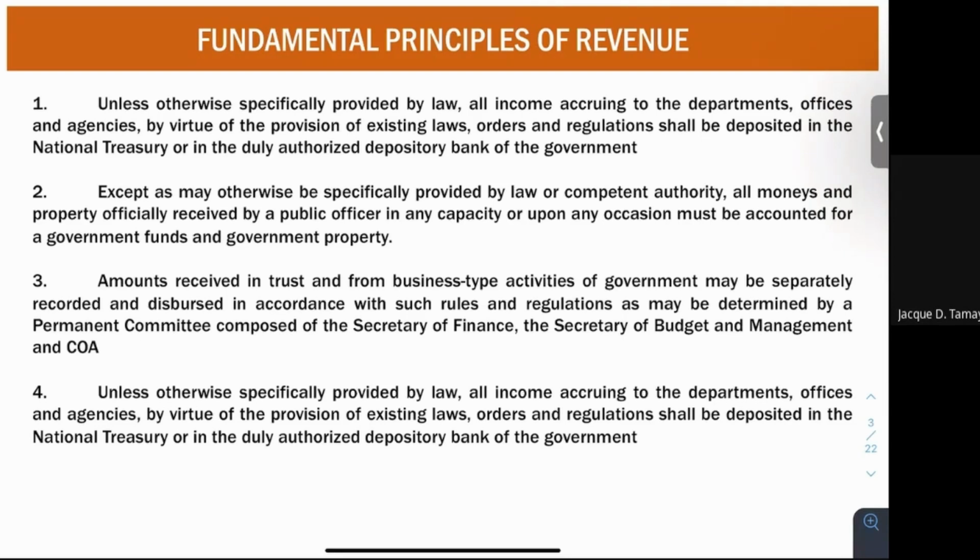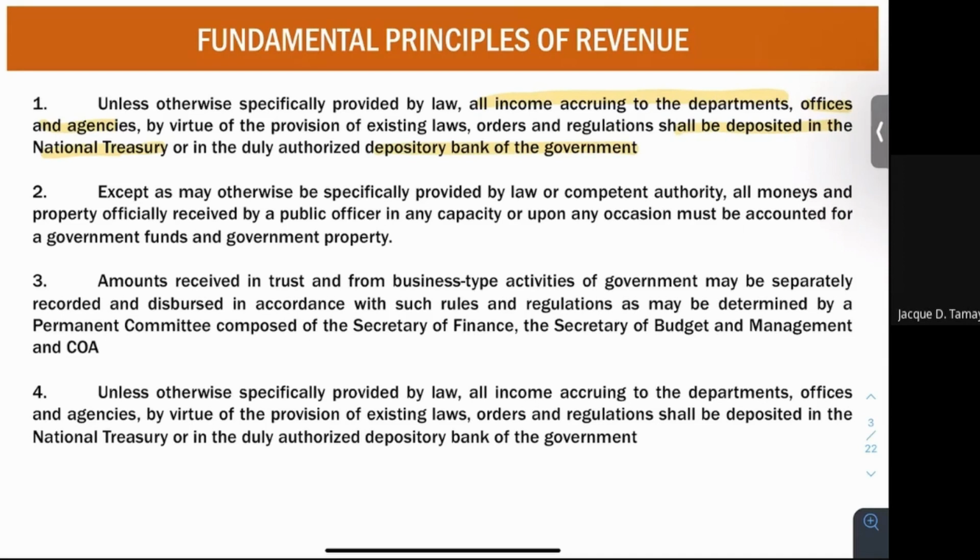The first one: unless otherwise specifically provided by law, all income accruing to departments, offices, and agencies by virtue of the provision of existing laws, orders, and regulations shall be deposited in the National Treasury or in the duly authorized depository bank of the government. So what happens here is that all income, meaning all receipts, is deposited in the National Treasury. In short, it will not be used by the government agency.